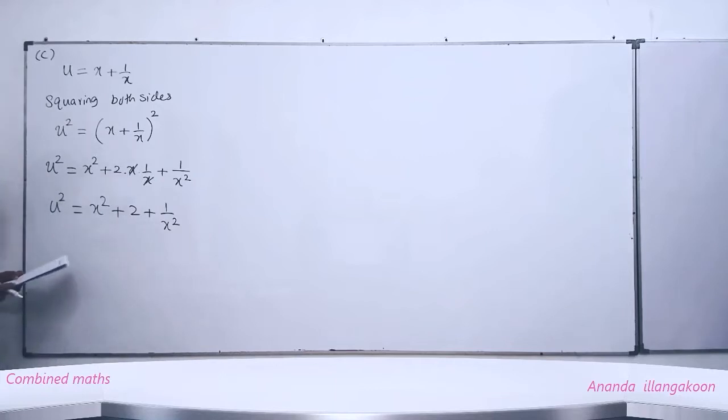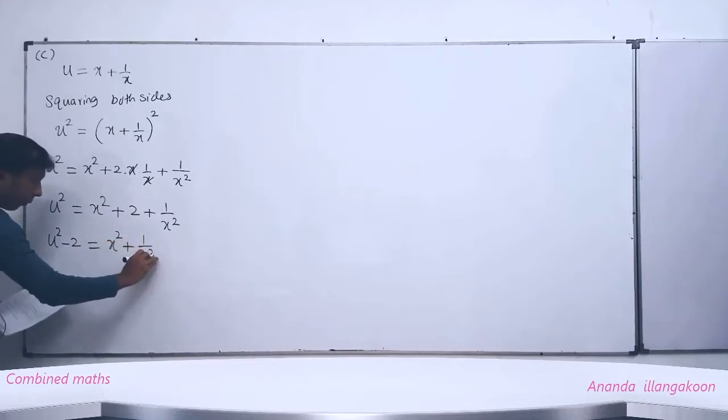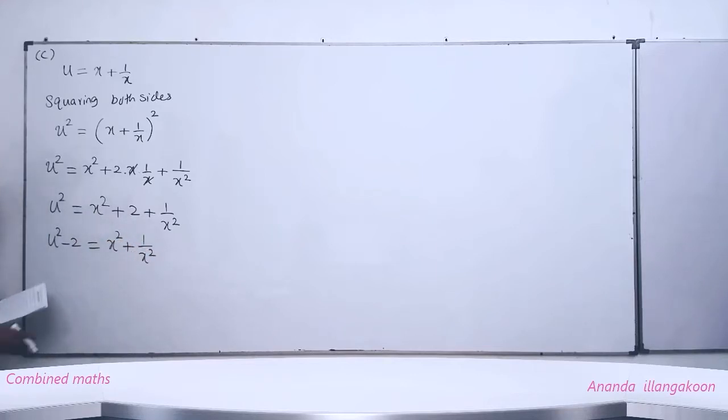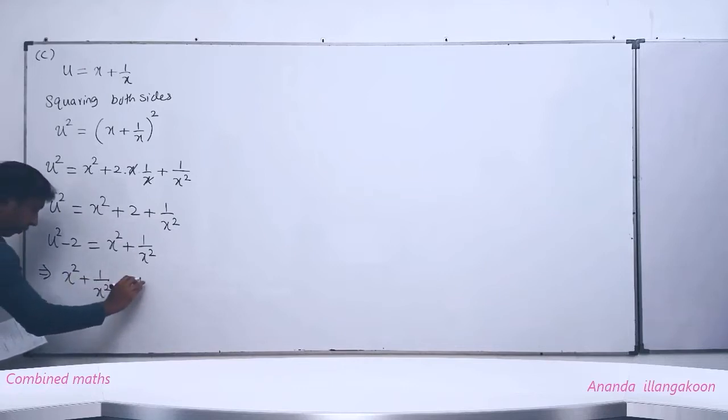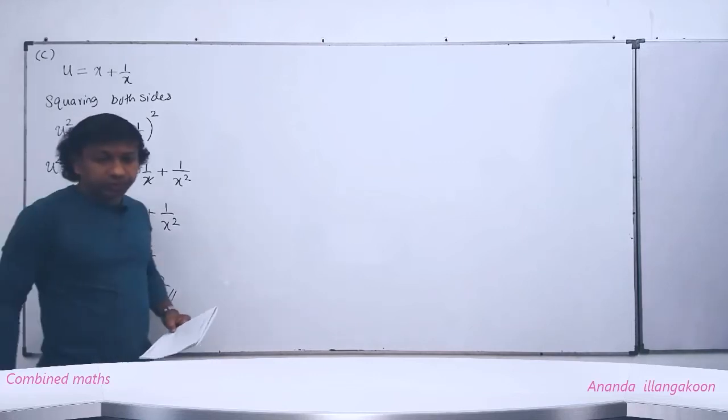Now you can take this 2 to this side. u squared minus 2 is equal to x squared plus 1 upon x squared. Correct? That gives the first answer.